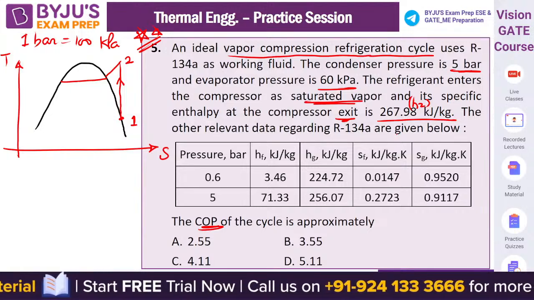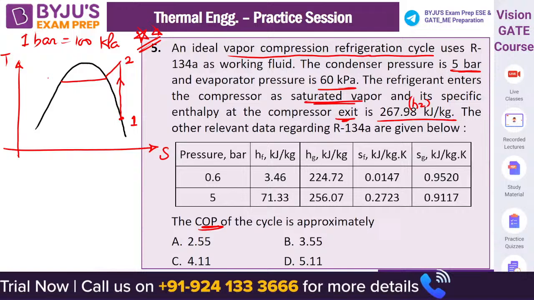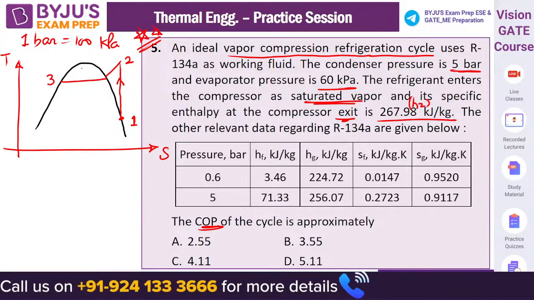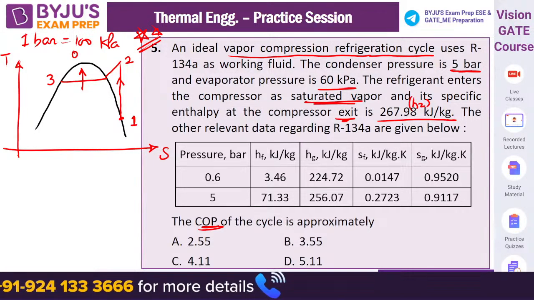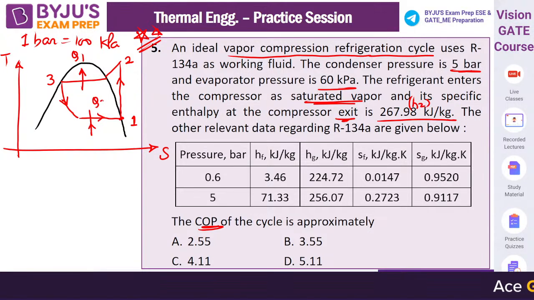The other relevant data regarding 134A are given below. 2 to 3 is heat rejection and 3 to 4 is throttling. 4 to 1 is heat addition. This is, let us say, Q2.